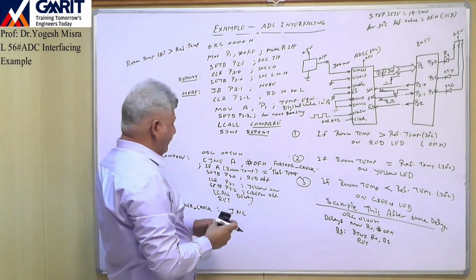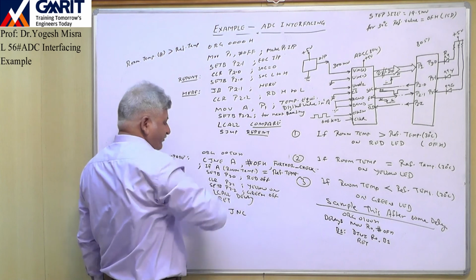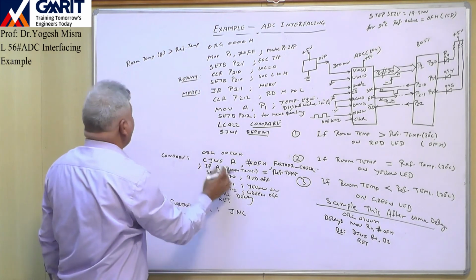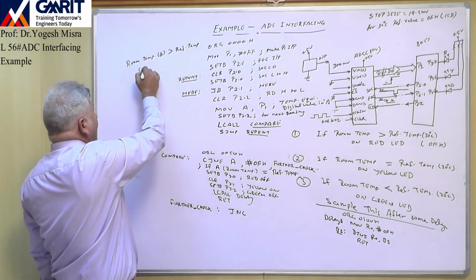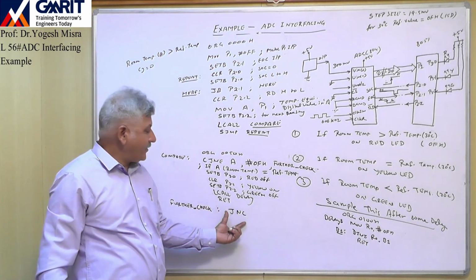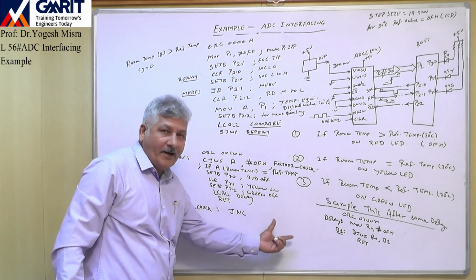This is the condition. If no carry, in this case if the room temperature is greater than reference temperature, then the carry flag will remain 0. Then the jump no carry instruction will transfer the sequence of our program to the label which we will write.